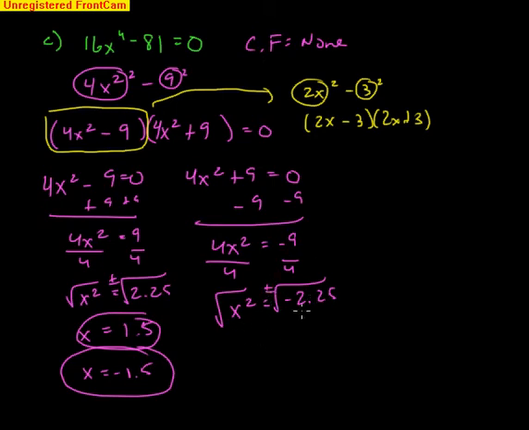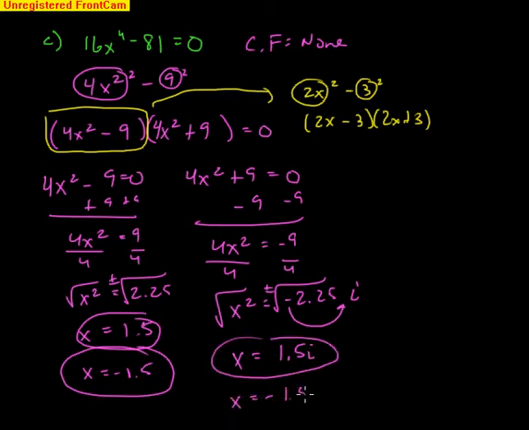First, it's plus or minus, and then this negative comes out as an i in the end. So we know the square root of 2.25 is 1.5, but now we have to throw on the i. Positive 1.5i and negative 1.5i. Okay, and there's our 1, 2, 3, 4 answers. What was our degree? Our degree was 4.